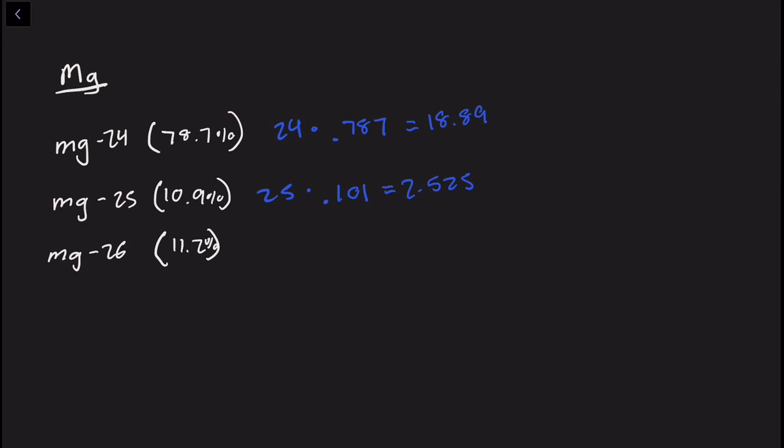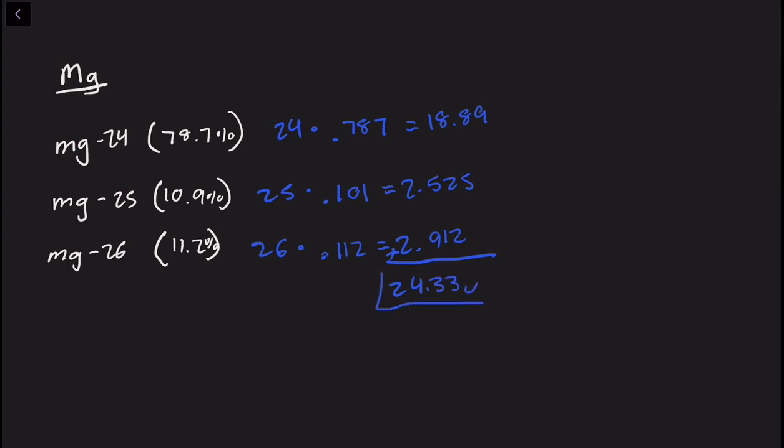And lastly, for Mg26, we're going to do 26 times 0.112, which comes out to be 2.912.